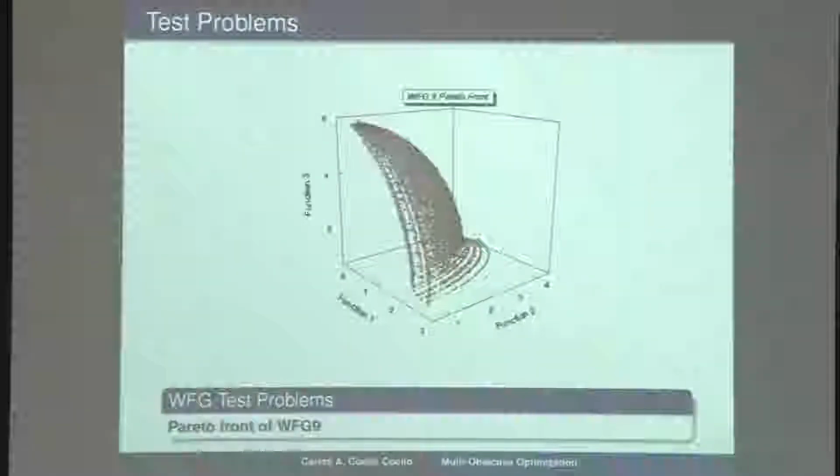Now, these test problems, one of the rules, because what happened is, at some point, when people started to use them, and many researchers realized that they had to incorporate these test problems because otherwise their papers would not be accepted in a specialized journal, they realized that it was easier to solve these test problems if you reduce the number of decision variables.